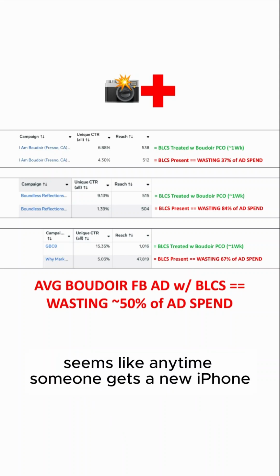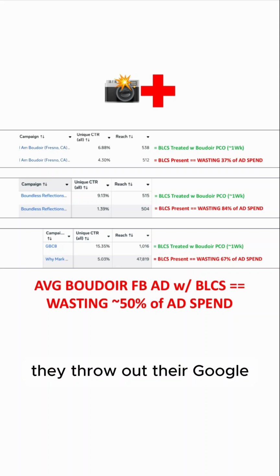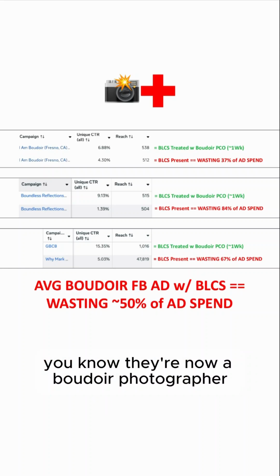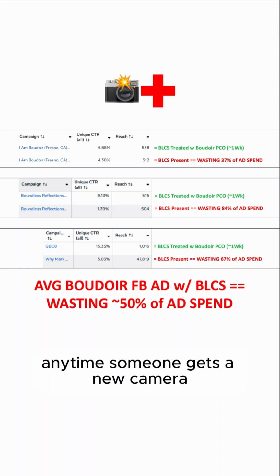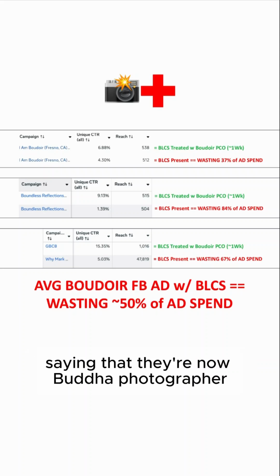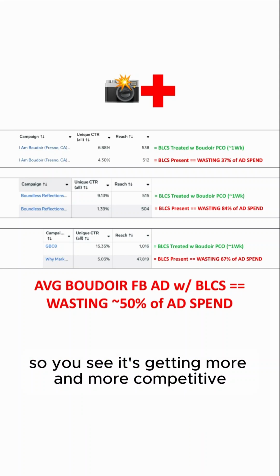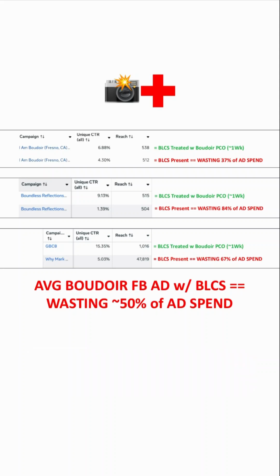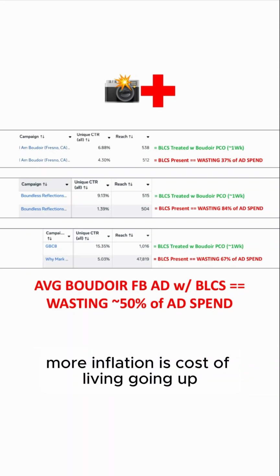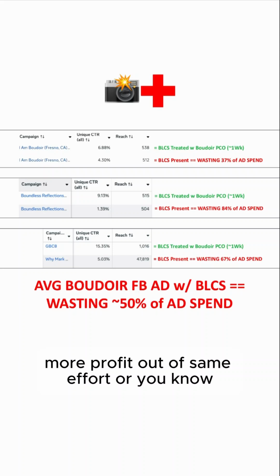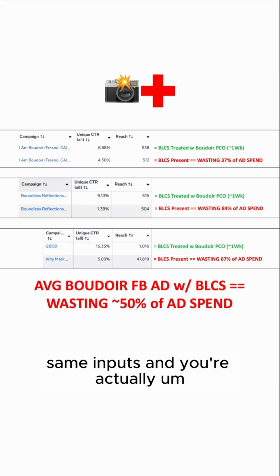Seems like anytime someone gets a new iPhone, they throw up their Google My Business profile saying they're now a boudoir photographer. And anytime someone gets a new camera, they're posting in the mom group saying they're now a boudoir photographer and offering sessions. So you see it's getting more and more competitive. And you're also seeing inflation, cost of living going up.